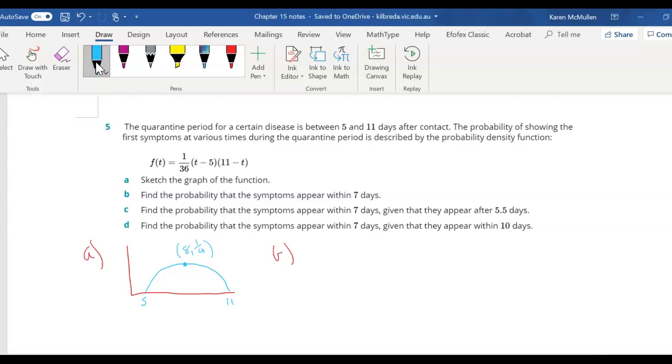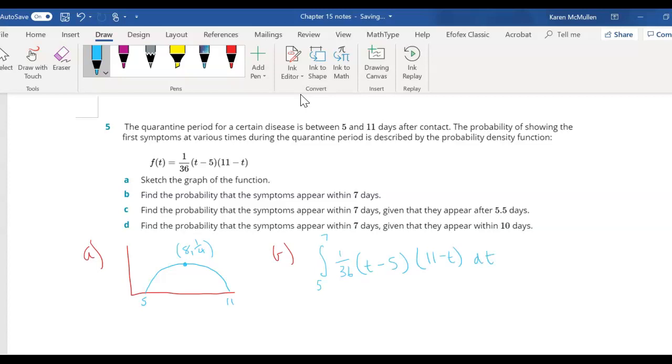All right, so our definite integral, so they have to be within 7 days, so the upper limit is 7, and then your lower limit, just think of the context of the problem. They don't appear until 5 days, so they have to appear somewhere between the 5th and the 7th day. Then we've got our function, so 1 on 36, t minus 5, 11 minus t dt.